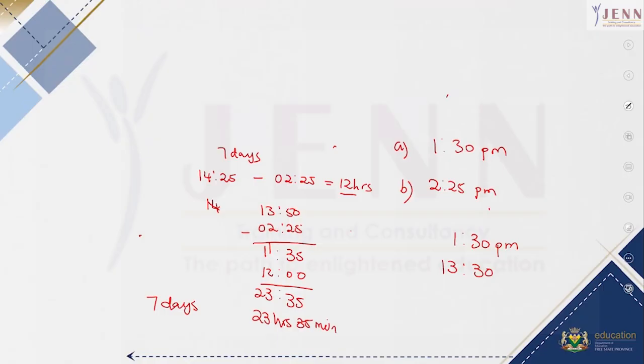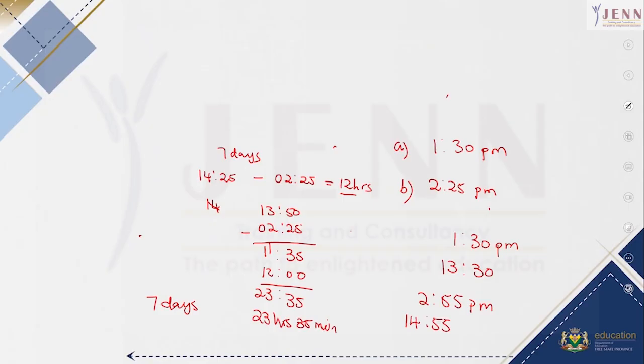The arrival time at OR Tambo is 2:55 p.m. If you write it in 24-hour format, we know that 2 is 14 in 24-hour format, and it's going to be 14:55. We go to the next question.